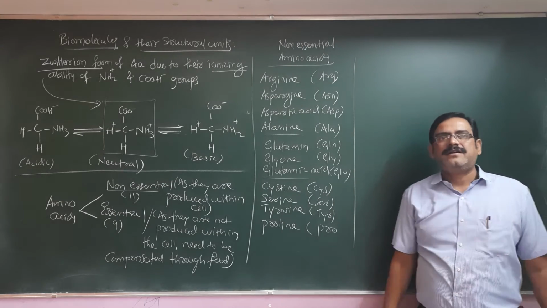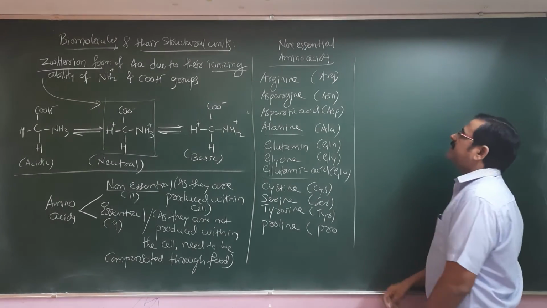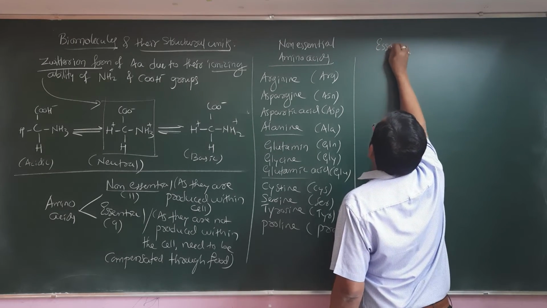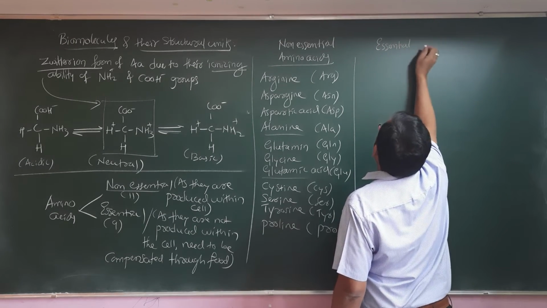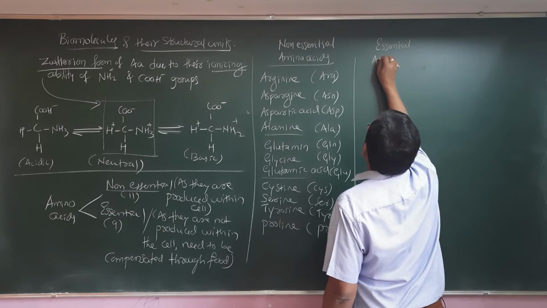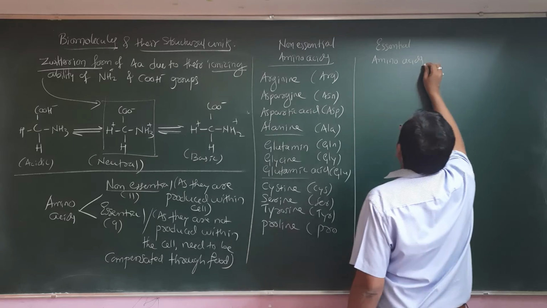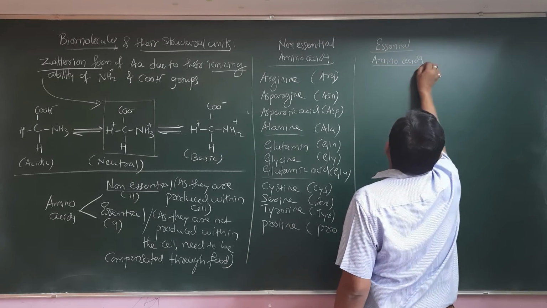Now let us make a list of essential amino acids, which are not synthesized in our body. Essential amino acids are 9 in number.